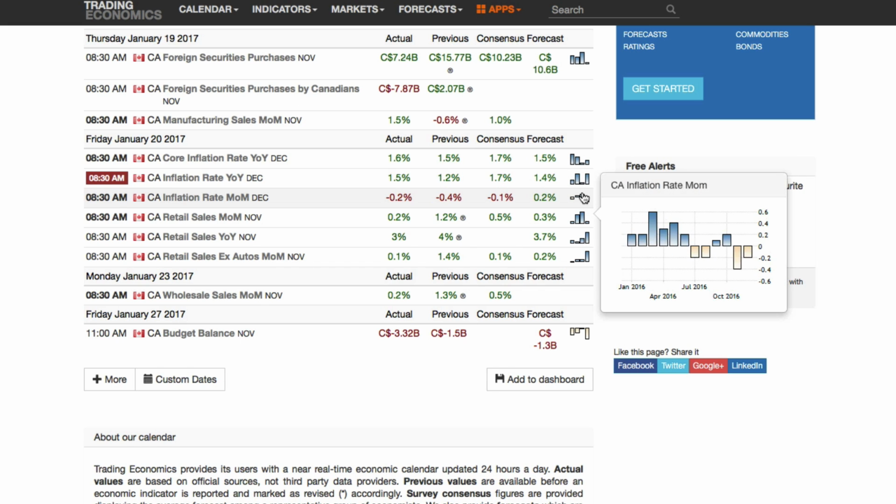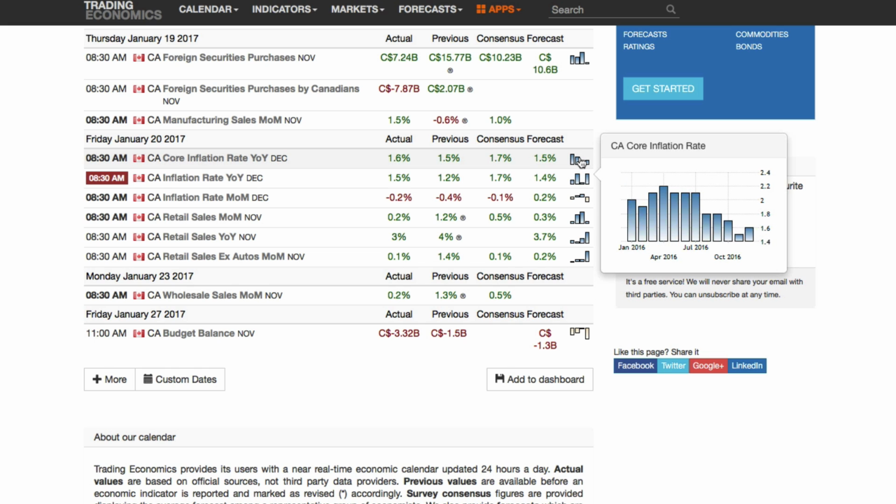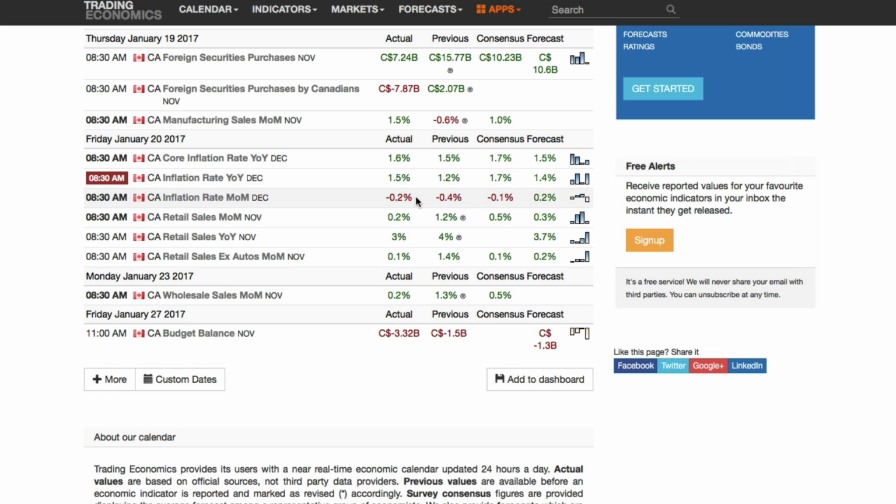I can't move the mouse at the same time, but you can see what I mean. You've got a really strong downward trend on the inflation rate. You can really see it there if we look at the core inflation. This is core inflation. And you can see that it's down from 2% down to 1.6%, and month over month appears to be dropping. So we got a negative inflation gap. That puts downward pressure on interest rates, not upward pressure. So I'm not too concerned there. That's not a threat to my position. In fact, that's support for my position.